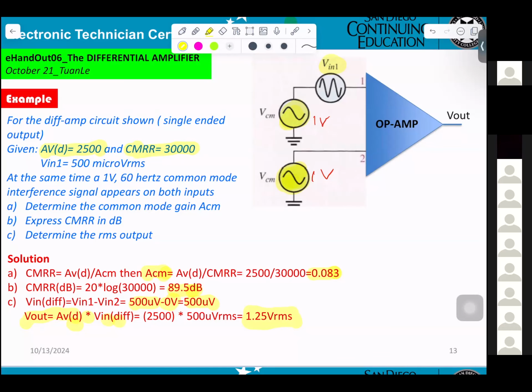So that's why they really need to reject the noise. And the output coming out will be 1.25 volt RMS. So now you understand the purpose of the common mode rejection. They try to cancel the noise.